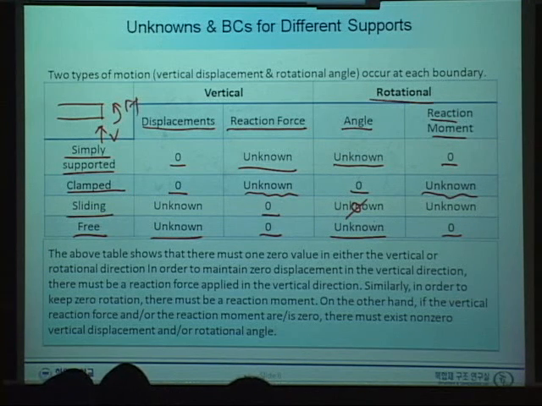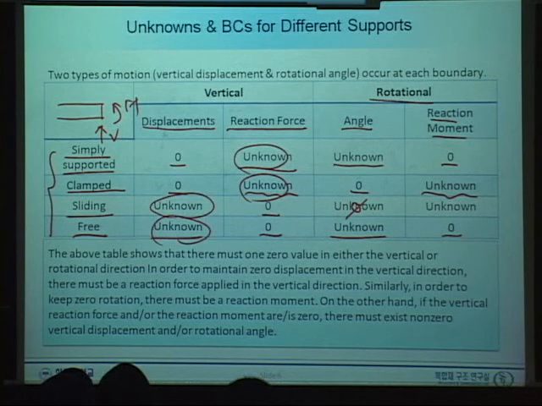As you can see here, for any boundary condition, you have at least one unknown from the vertical direction, and one unknown from the rotational side.